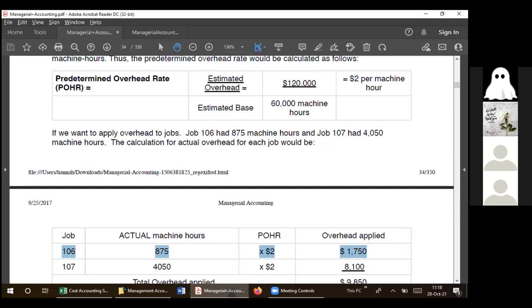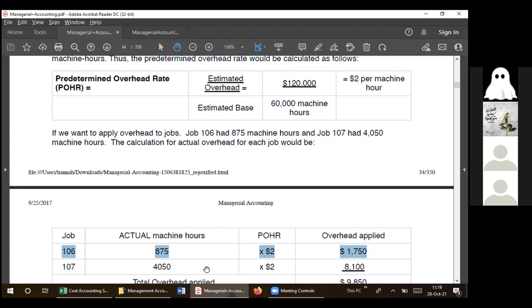So since we are going to be charged $2 for running the machinery for 1 hour, your job is going to cost $1,750 on the overheads. This is not including materials and labor. This is just overhead. So we now know that for 1,000 t-shirts to be manufactured, there will be $1,750 in overhead cost.